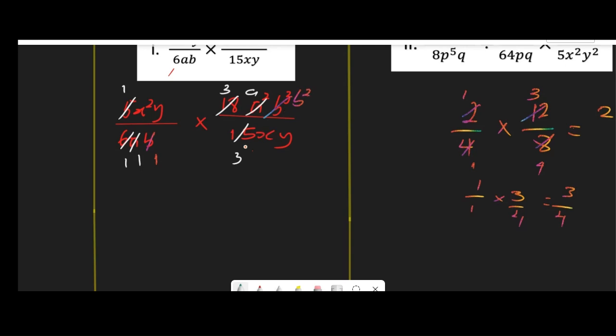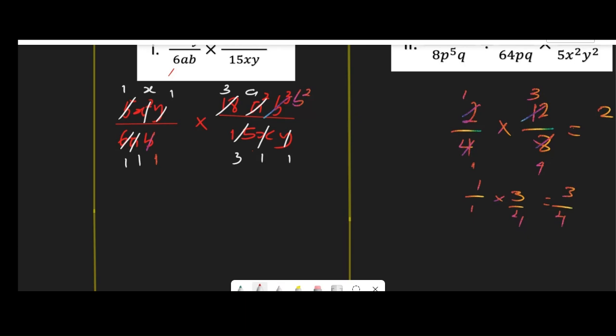And x goes into itself one time and into x squared, x. Lastly, we have y and y here. y goes into itself one time, and here one time. So let's see what we have at the moment.